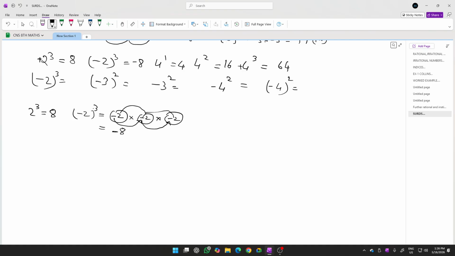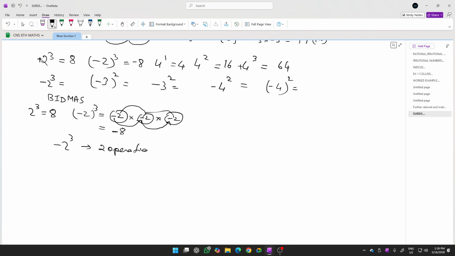Here, minus 2 raised to 3. Now this is repeated. Let me remove this bracket here. So it was written this way: minus 2 raised to 3. Since there is no bracket, there's something called BIDMAS. In this minus 2 raised to 3, there are two operations.